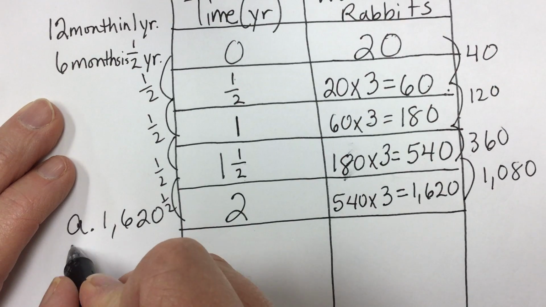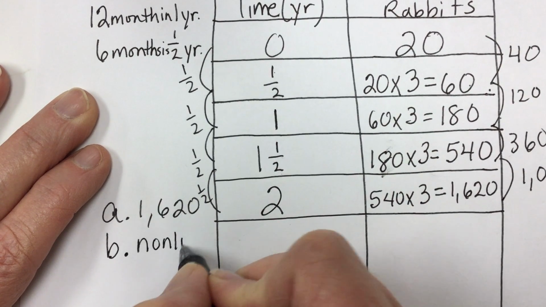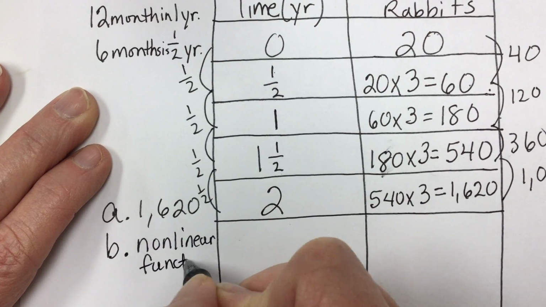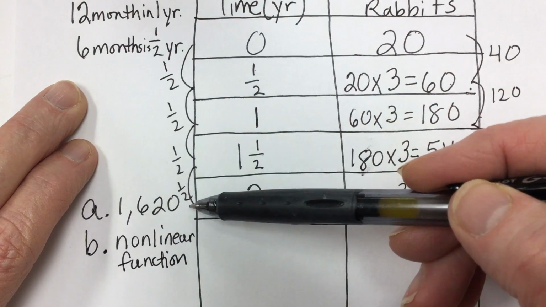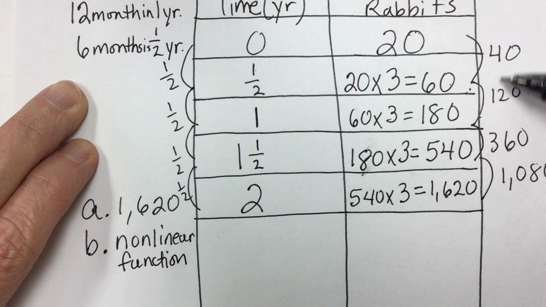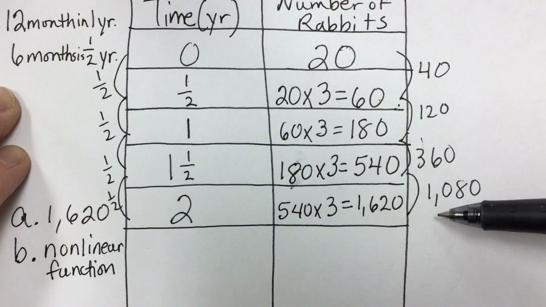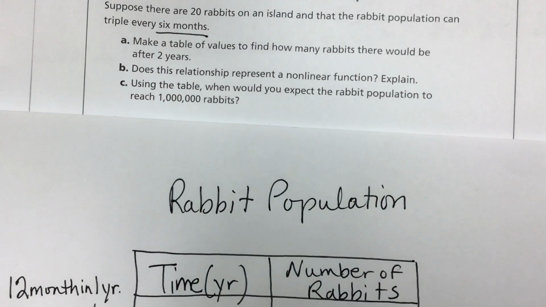So my answer to B part would be, this is a nonlinear function. The only way it can be a linear function is if the change of your inputs are the same and the change of all of the outputs have to be the same. These are not the same, therefore it is not linear. Now let's go to C part.